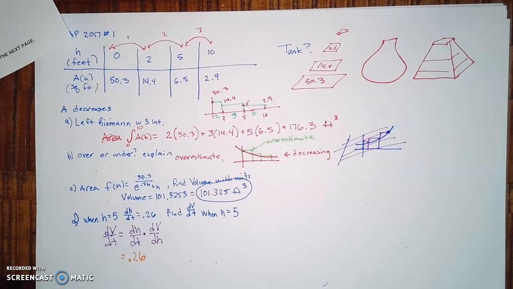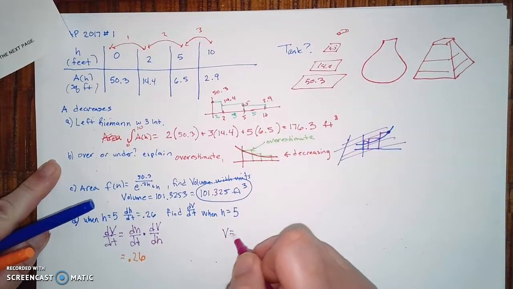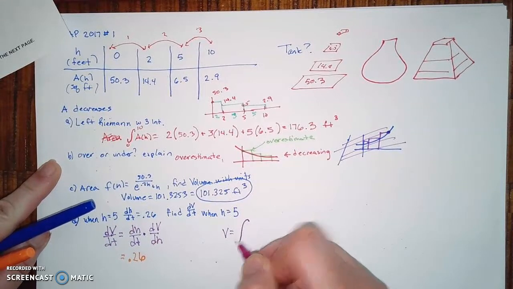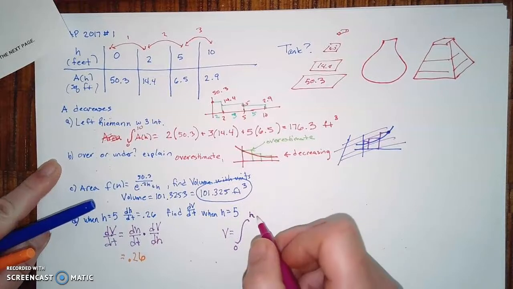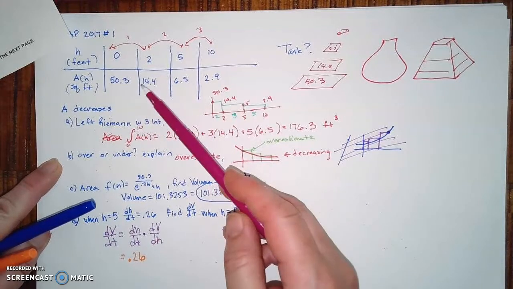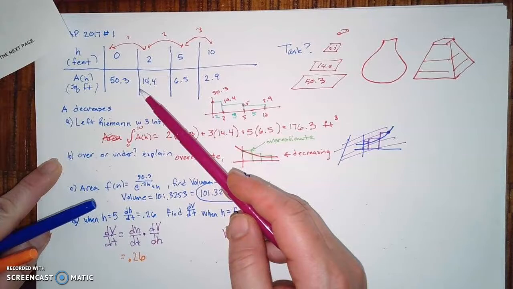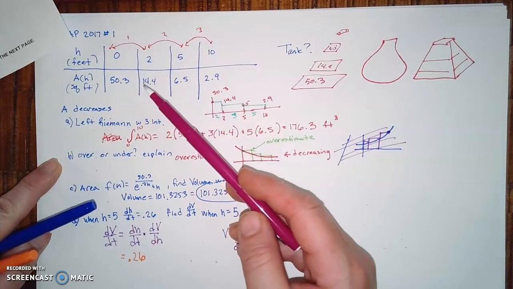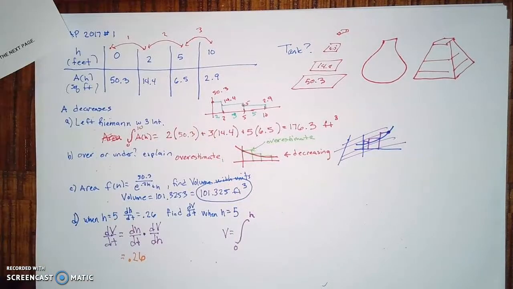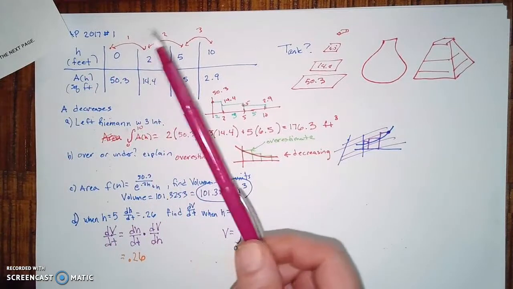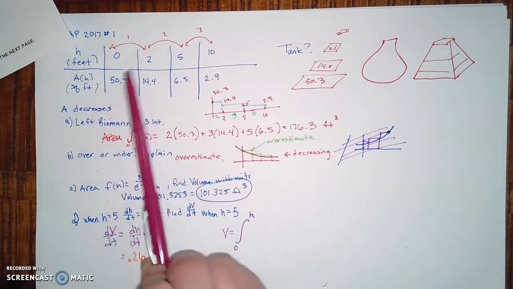I could find the volume at any point in time of the original equation by integrating starting at 0. I could go to h, whatever height I wanted to go to, of the function that I have up here. And they called that function A of h. But that function only worked when I had these specific values.